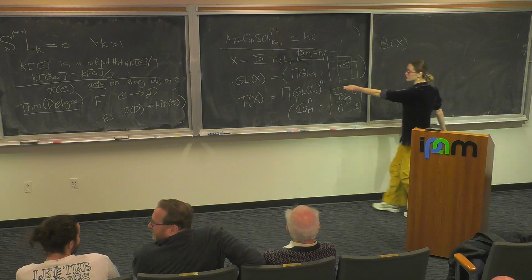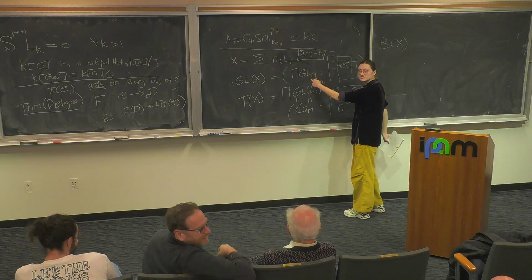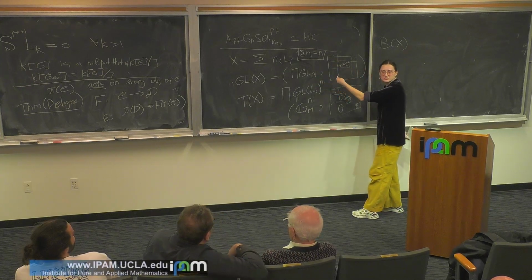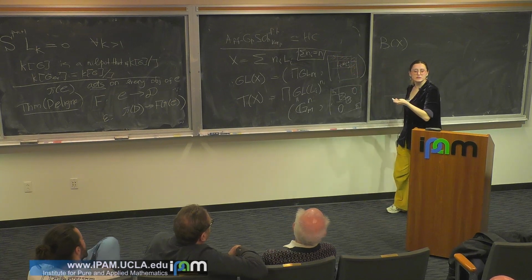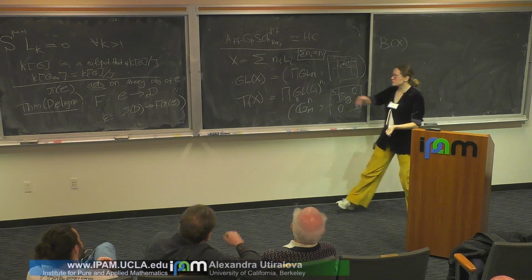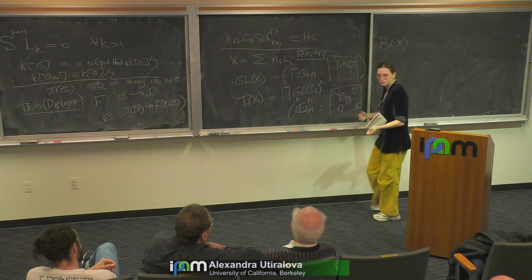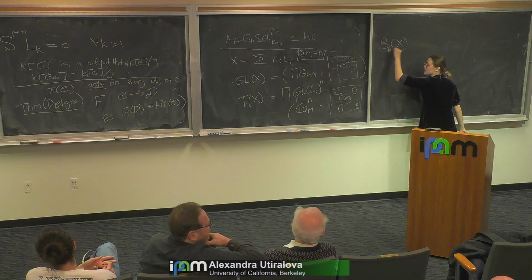A Borel subgroup will correspond here to the choice of a Borel in each of the GL(Li)'s, and some choice of ordering of those elements. We want to choose something upper triangular, and this choice corresponds to the ordering of the indecomposable components that we have. So we actually get Borels.